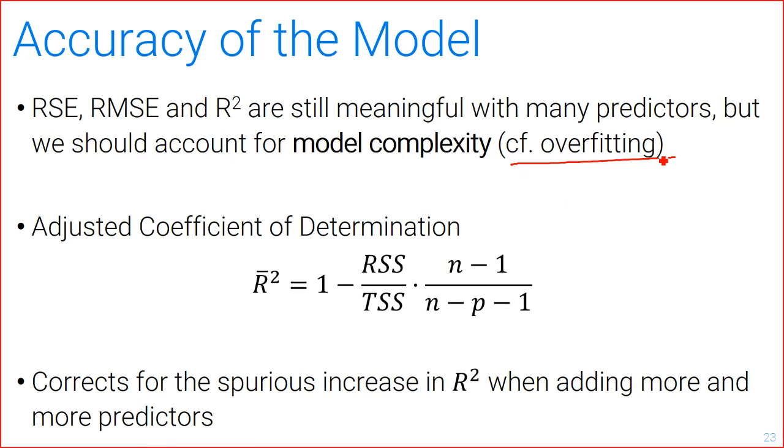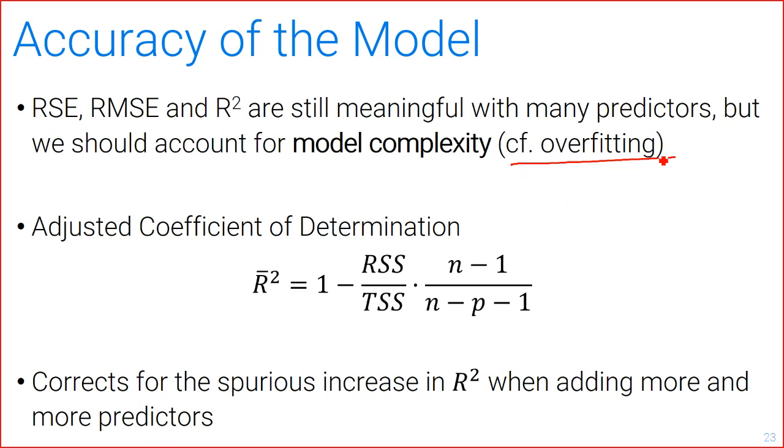And this is something that we want to avoid. So somehow we need a coefficient or a measure of the model accuracy that takes into account the complexity of the model, the number of parameters that we have, so that in the process of building a model, we can look at that one and tell whether we are starting to overfit or not.